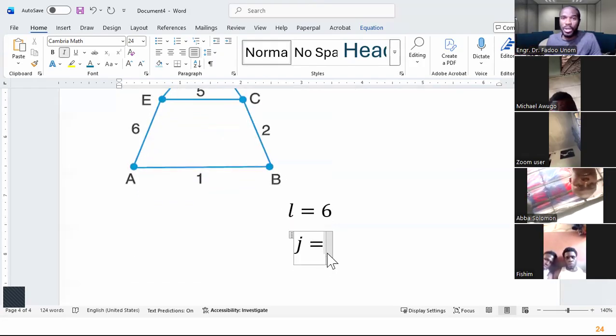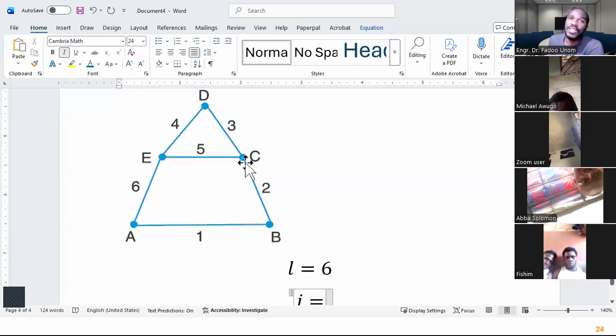Okay, but we want the value of only binary joints. And remember, we said the number of binary joints in an arrangement in a joint is given as L minus 1, where L is the number of links connected to that joint, and then we subtract 1 from them.